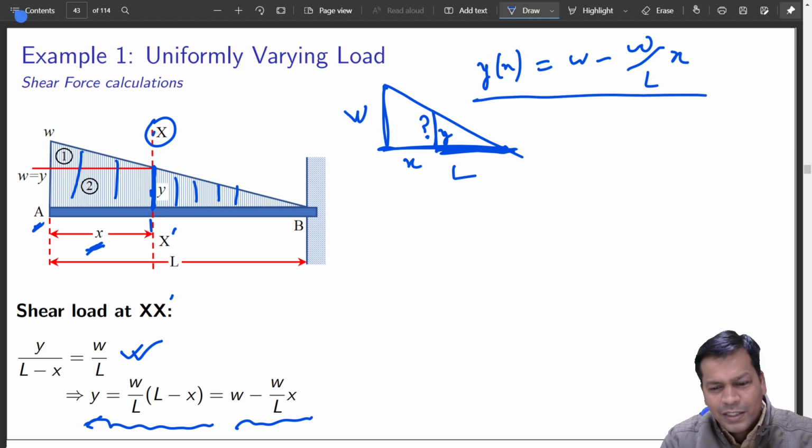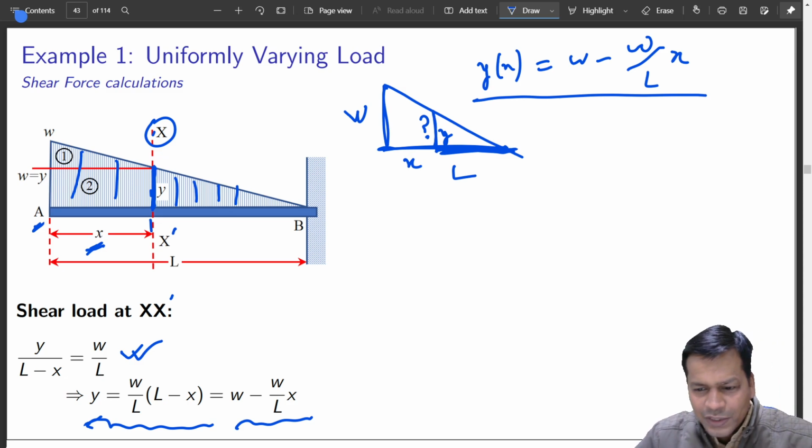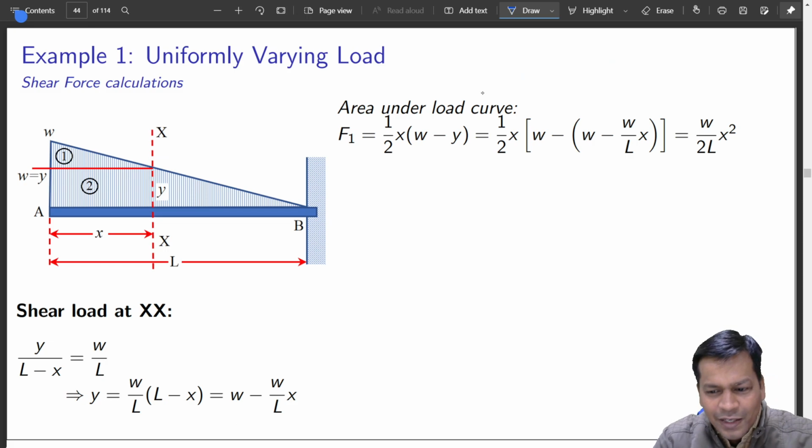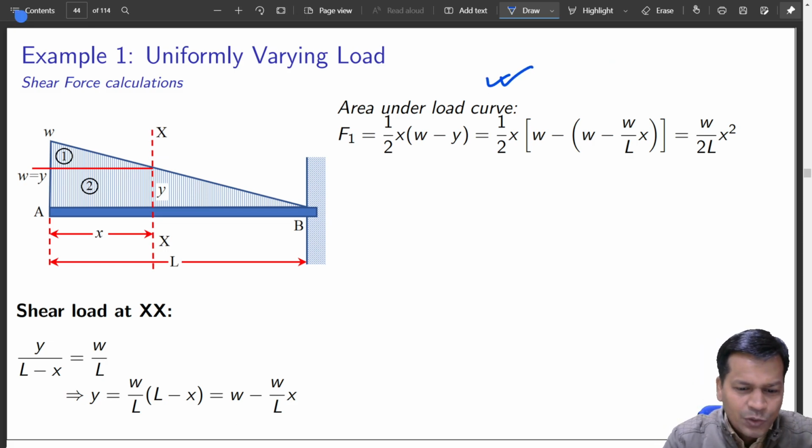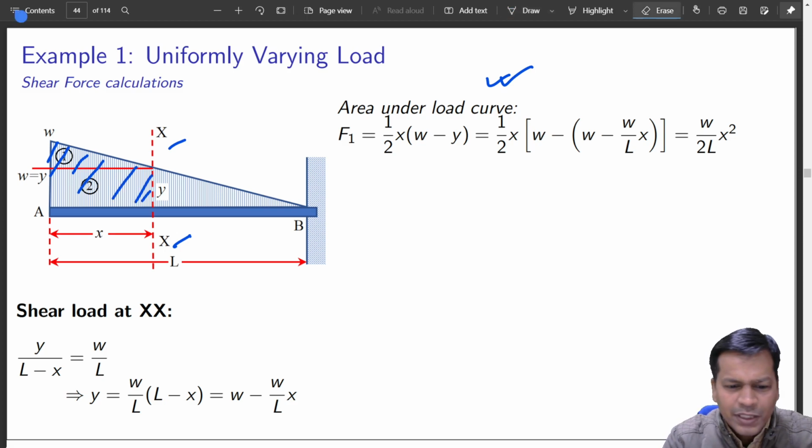So the area under the load equation should give the shear force. That is the first thing that you have seen. So what will be the shear force at any section XX dash? It will be the area under the loading curve, and that can be calculated in two parts.